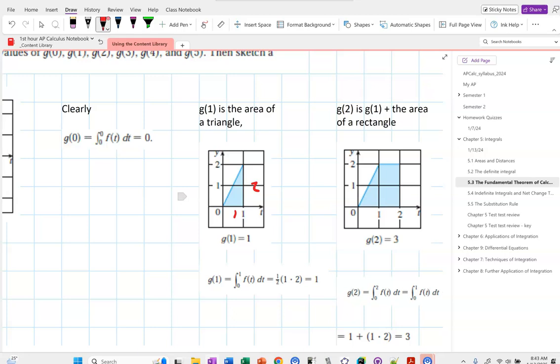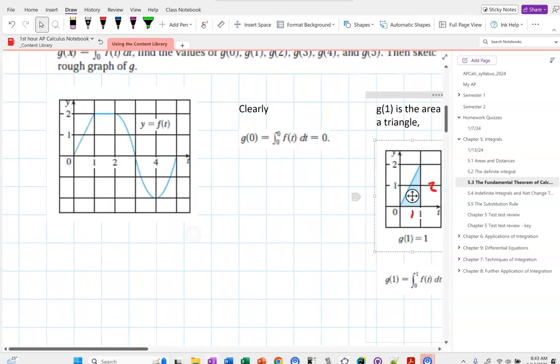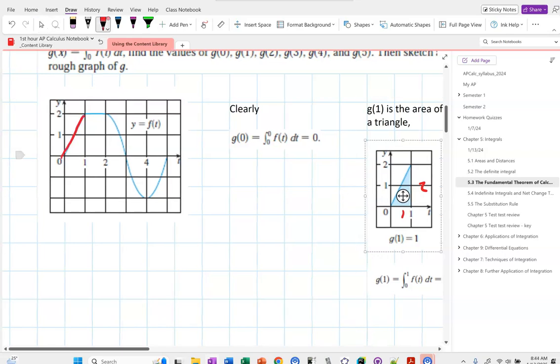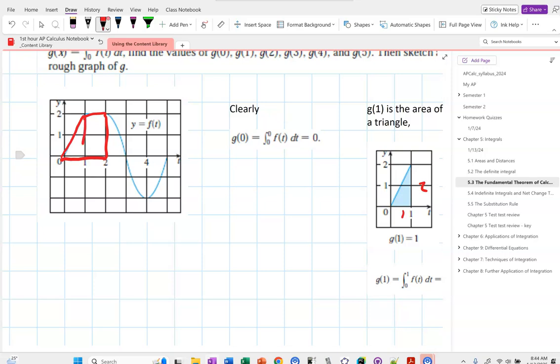So g of 1 is 1. Still feel good? Okay. So if I do g of 2, it's this, but I'm really going to think about it as just my answer for g of 1 plus this next rectangle. Is everybody okay with that?